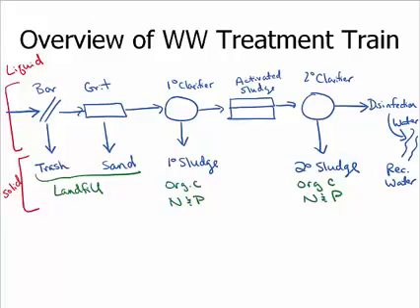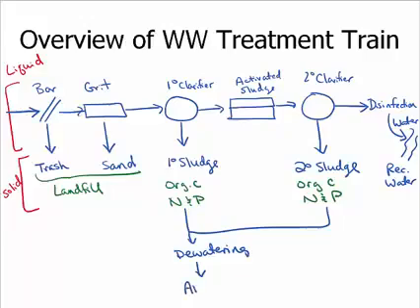So some wastewater treatment plants dewater this sludge, and so both of these sludges are going to go to a dewatering unit to get the water out, to make the sludge weigh less for handling. And some of them will go to a landfill from that point.